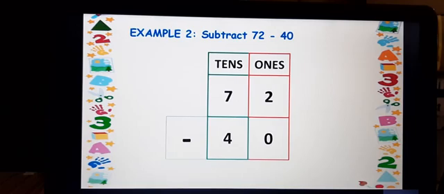Here it is without borrowing. So without borrowing, if it is 2 minus 0, you have to write 2 only. In case of 0 minus 2, it is a different one. That method we will learn later, but now be clear about this method. 2 minus 0 will be 2 itself. Greater number minus smaller number, so 2 minus 0 or any number minus 0 will be the same number.